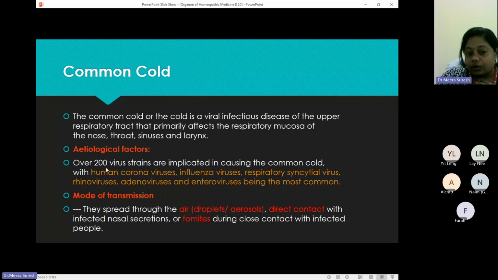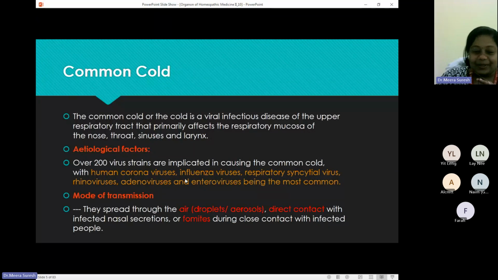Etiological factors: almost 200 virus strains can cause the common cold, but the most important ones are human coronaviruses. While I was putting the PPT together, I realized that when I was studying BHMS, coronaviruses were never put as an etiology, but after COVID it came and took the pioneer place in common cold.